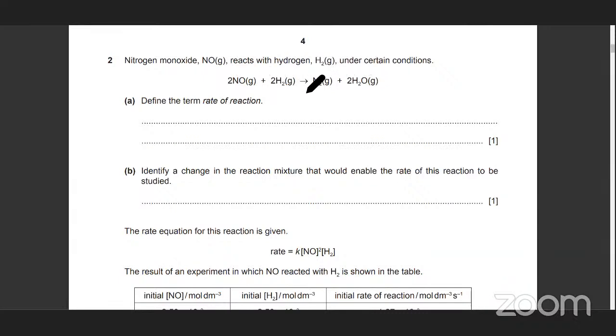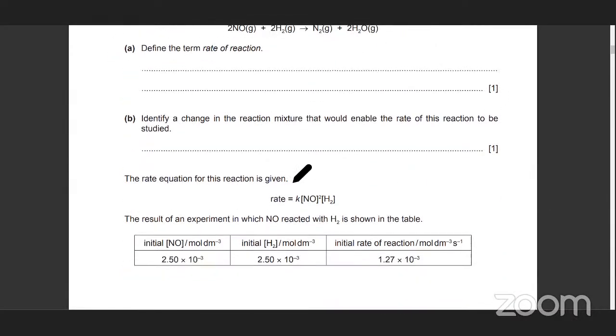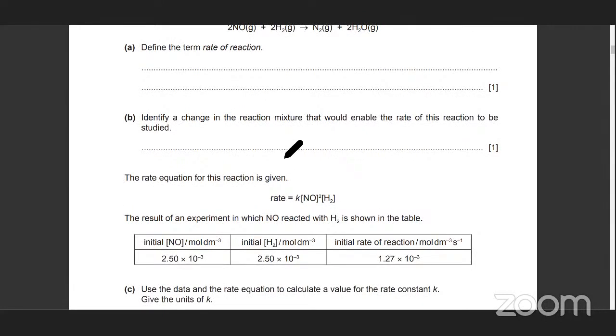So that's another change that you could measure. And if the reaction is happening very fast, the change would be happening very fast. Four molecules would be changing into three molecules very, very quickly. So the volume of gas would be changing. So a change that you could study is the volume of gas in this particular case.